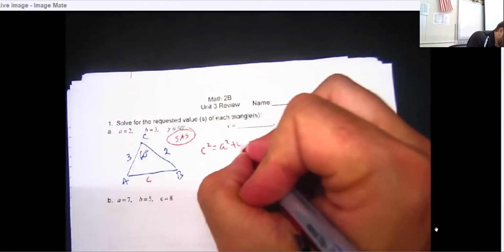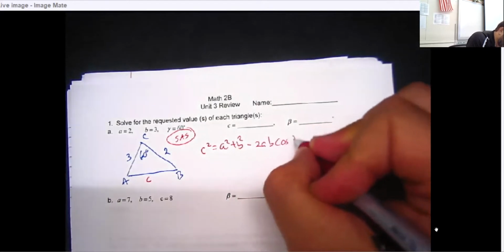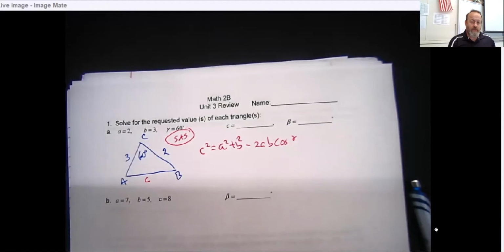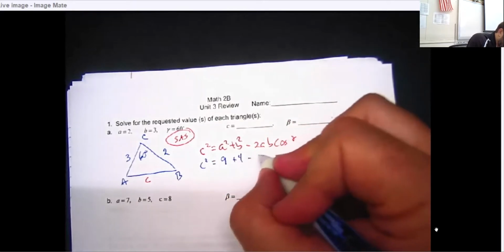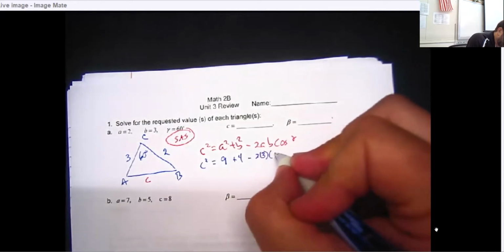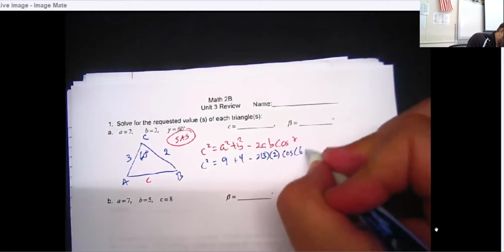So if I'm looking for c, the formula said c squared equals a squared plus b squared minus 2ab cosine C, or gamma. Now, I don't always write the formula down on these because it is kind of lengthy, but this first time I decided to do that. So a squared would be 9, b squared is 4, minus 2 times 3 times 2 times the cosine of 60 degrees.